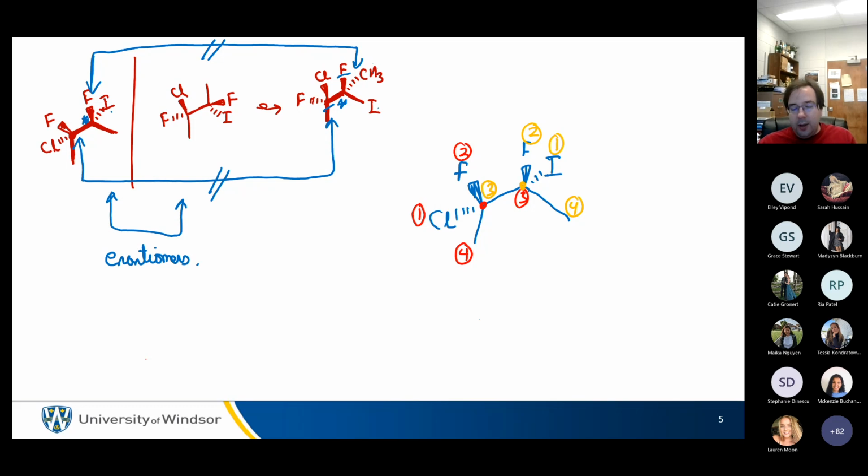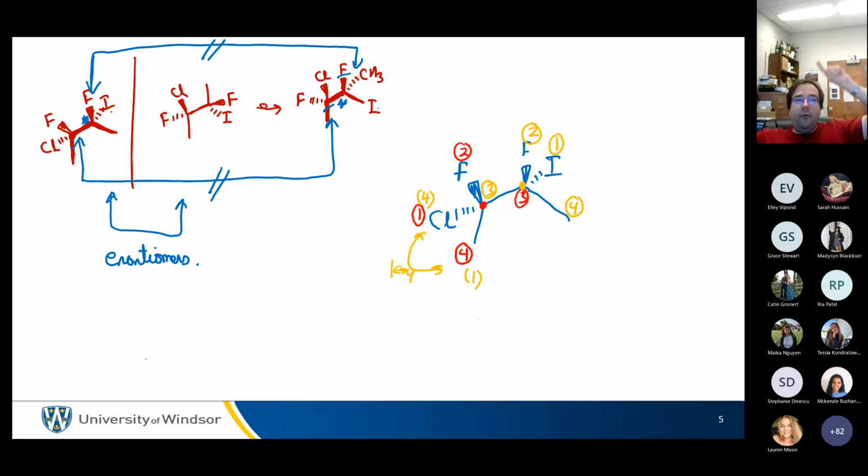Now, if you are one of the people who doesn't want to rotate anything, let's just switch 1 and 4. In that case, this would be 1, this would be 4. 4 is now going, and I switched to 4.